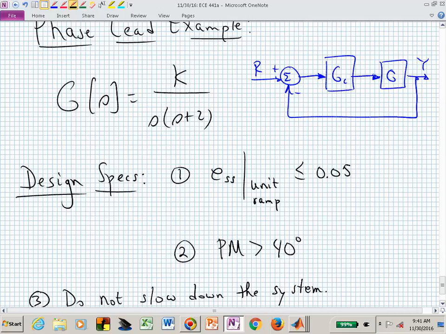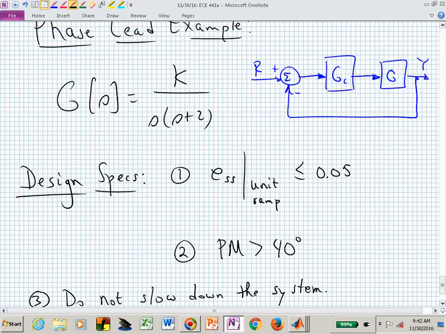If you have a type 1 system, and you can get that type 1 system either by putting a pole at the origin in your controller, or it's already there in your plant. If you now have a type 1 system, then if your closed loop system is stable, you're going to have 0 error due to a constant input. Your transient may be awful, but that's maybe not the issue.